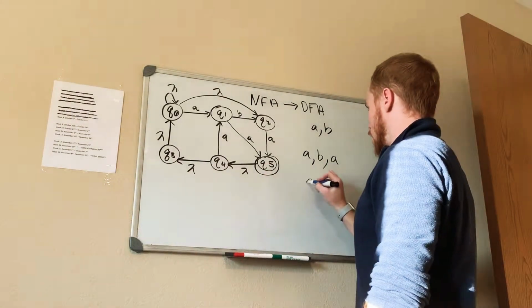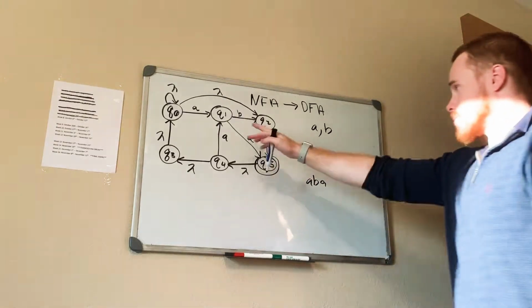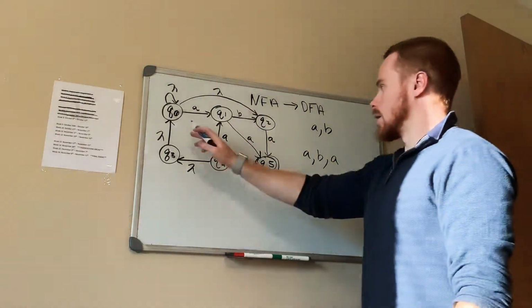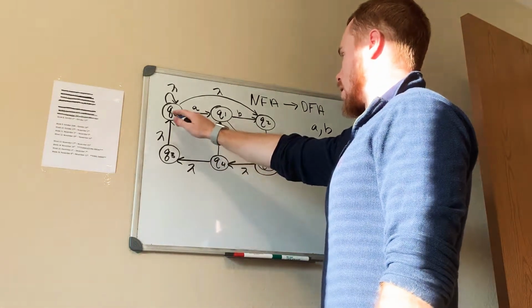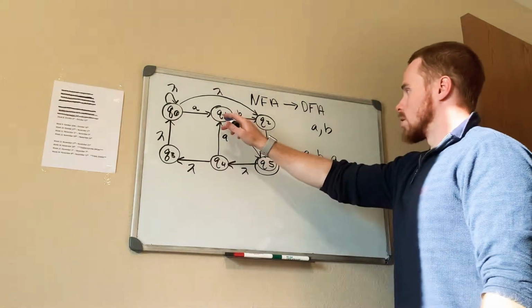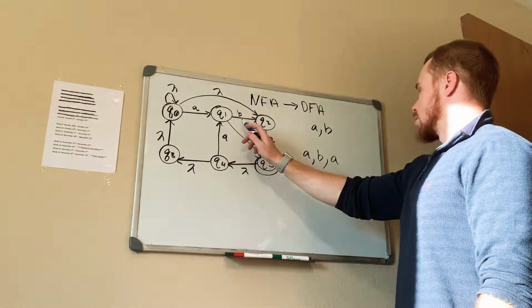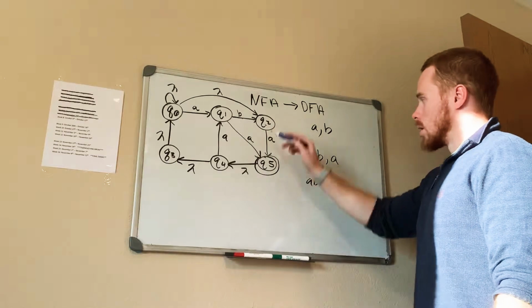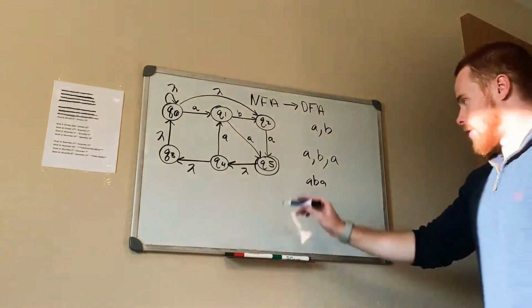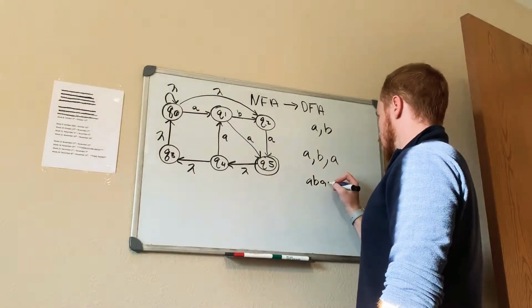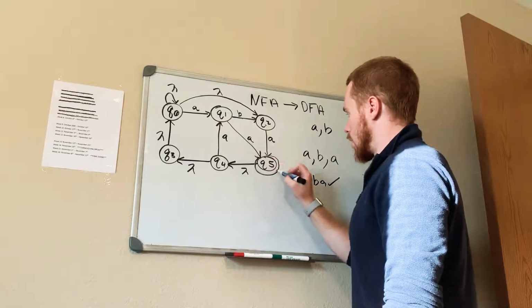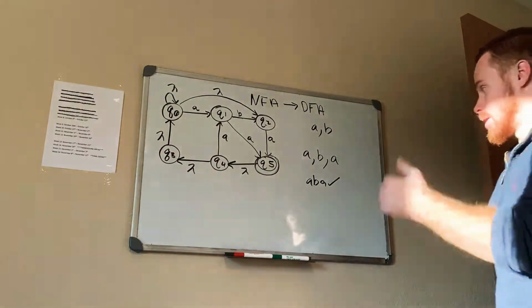So if I had ABA, that is accepted by this machine, because I can use A to go to Q1, then B to go to Q2, then A to go to Q5, and since that's the end, it is in a final state or an accepting state.